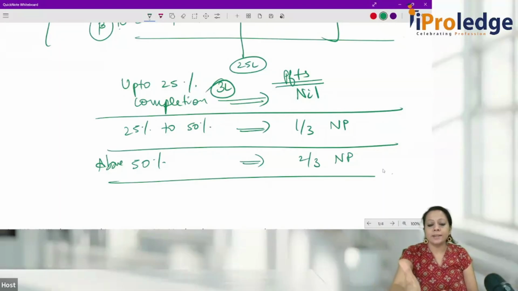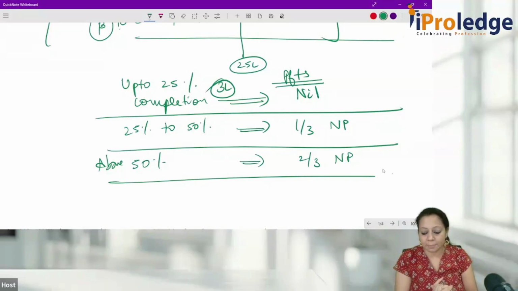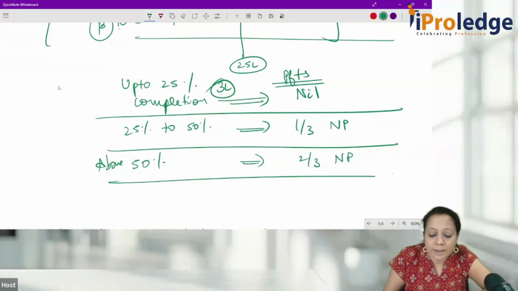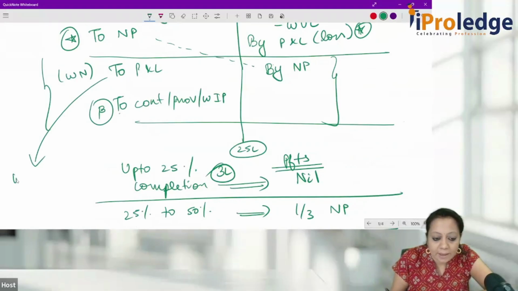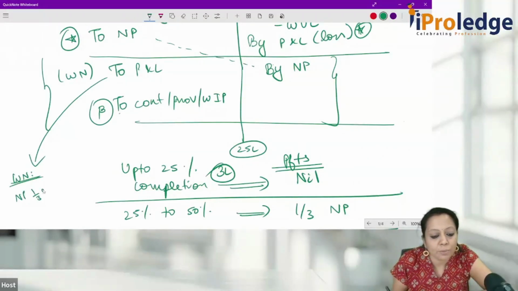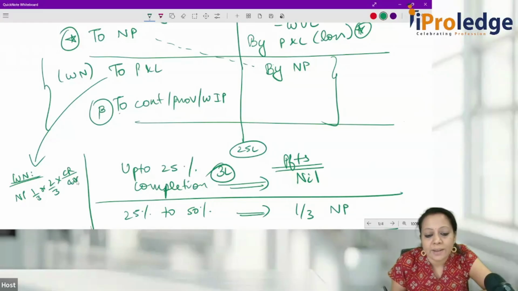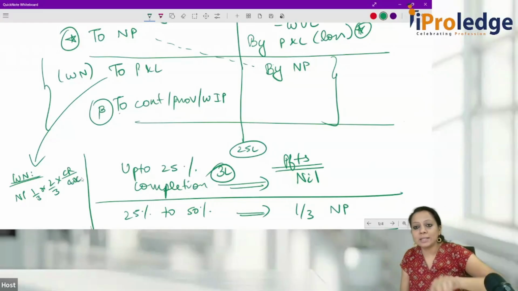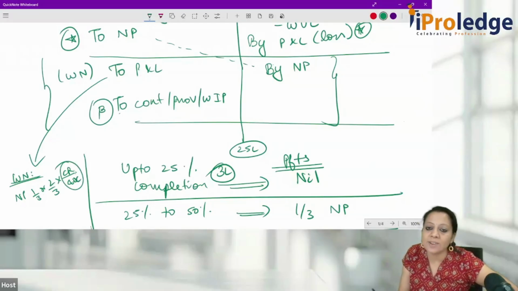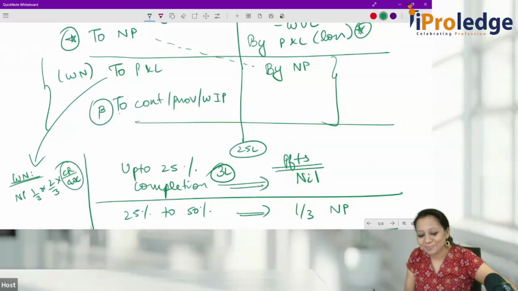So this is the degree of completion on the left hand side. On the right hand side, how to recognize the profits. And the working note here, ma'am, how to do this: to P&L means the working note will be notional profit into 1 by 3 or 2 by 3, depending on the level of completion, into cash received divided by work certified. There are multiple formulas for ease. We are doing this because in most questions, they already give the cash received divided by work certified.